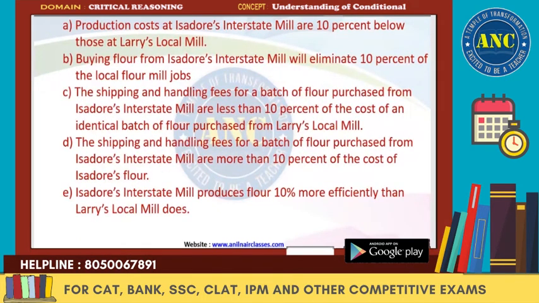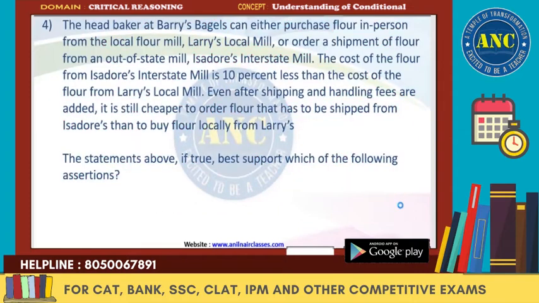Look at the first option. Alright, so the cost of the flour from the local mill is higher than the cost of the flour from the out-of-state mill. However, when purchasing from the out-of-state mill, Barry's Bagels must pay shipping and handling fees that would not apply to a purchase from the local mill.